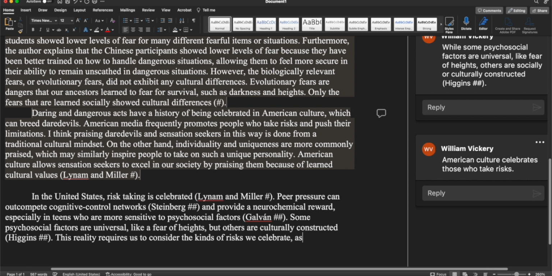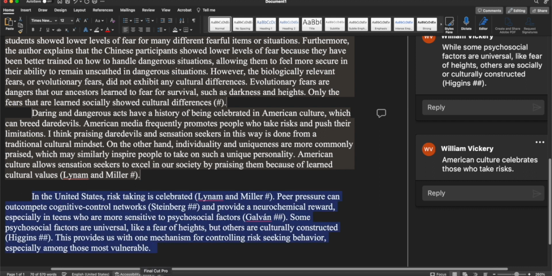What is it? As some are tolerable and some are not. So I'm struggling here with how to transition out of this. That's better. Okay. Let's read this paragraph then.